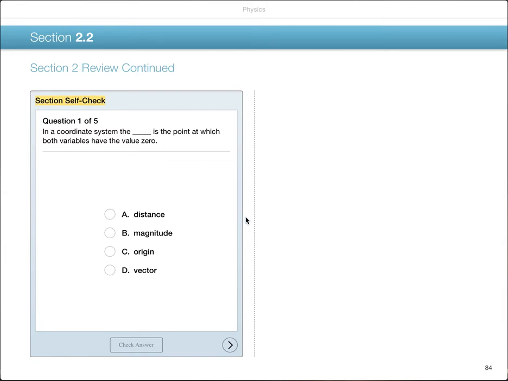All right, let's try the self-check, see if it's making sense. In a coordinate system, the blank is the point at which both variables have value 0. So, kind of a funny question, but the origin, that's where things begin.